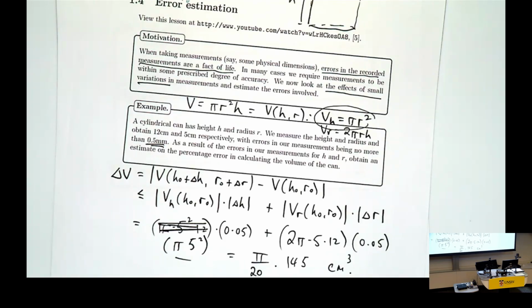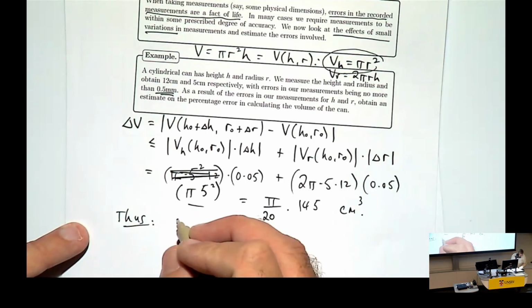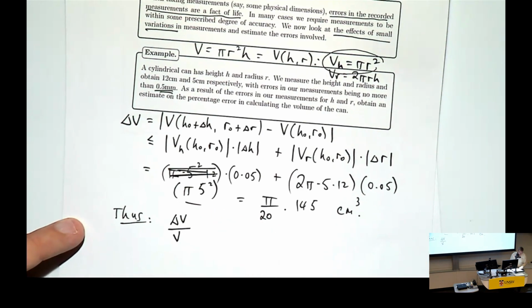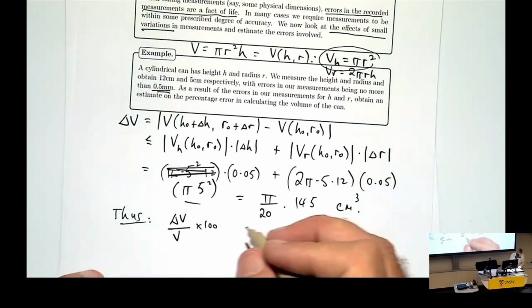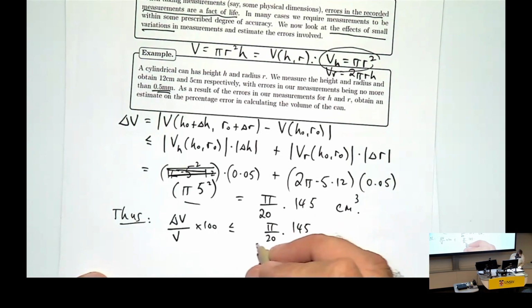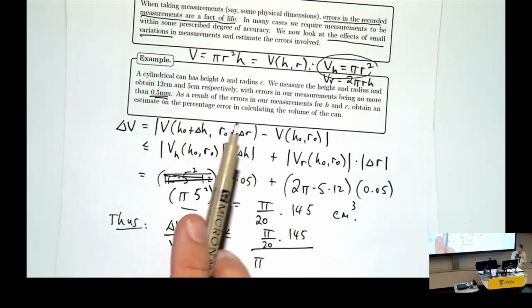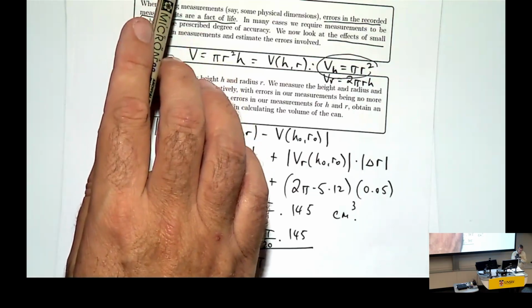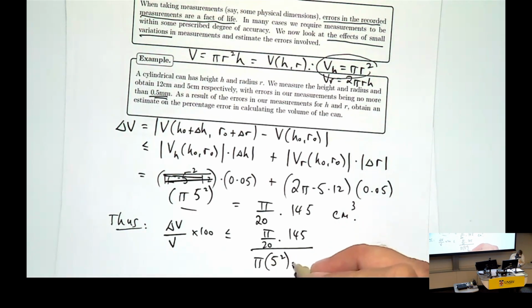So it seems like we would take this error, divide it by the volume and multiply by 100. All right? So now we can go back up here and say, hey, with my original H0 and R0, let's put them in here and we'll get something.